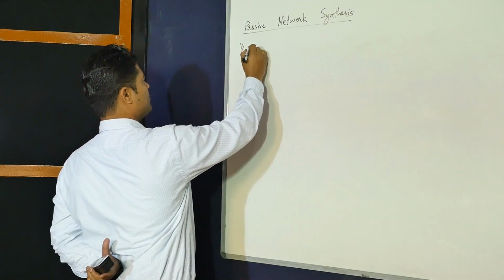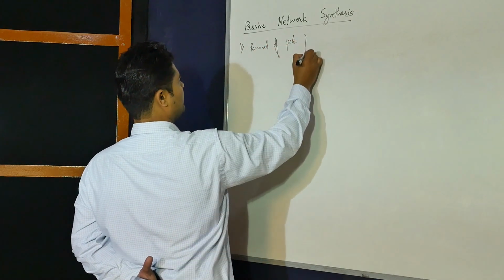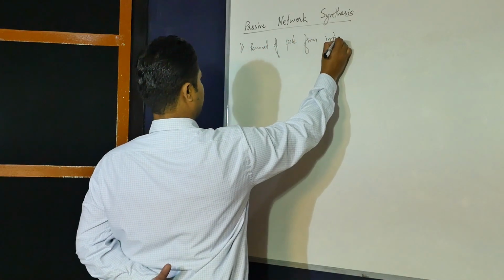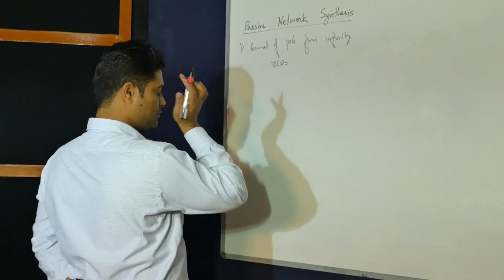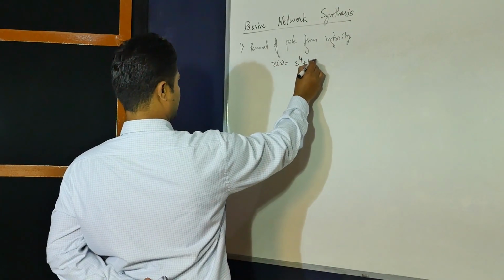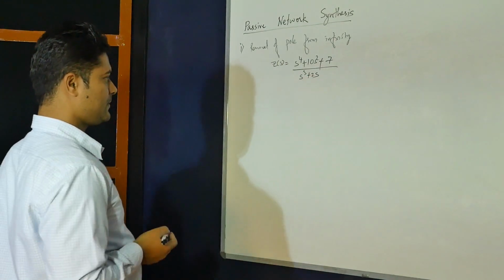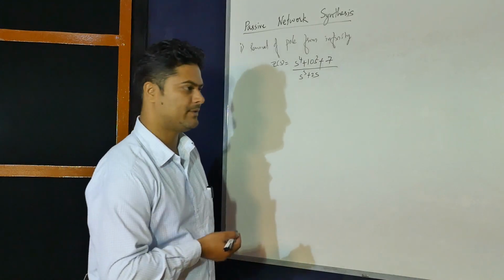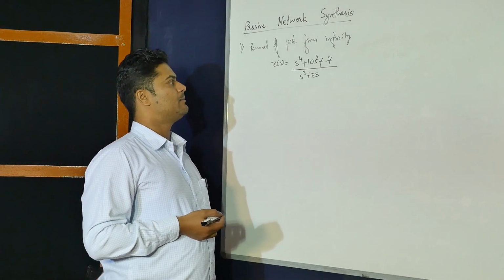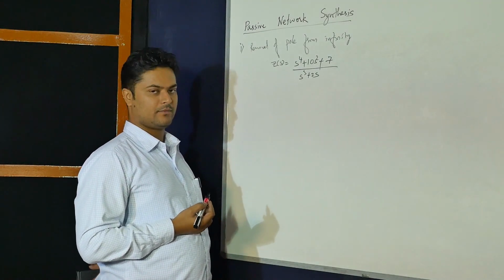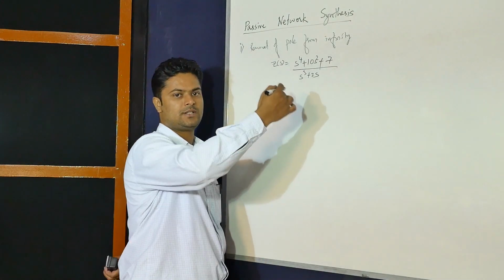For removal of a pole from infinity, let's take z of s equal to s to the power 4 plus 10 s square plus 7 over s to the power 3 plus 2s. The given function is an impedance function, so we will have z1 plus z2 plus z3 and so on.